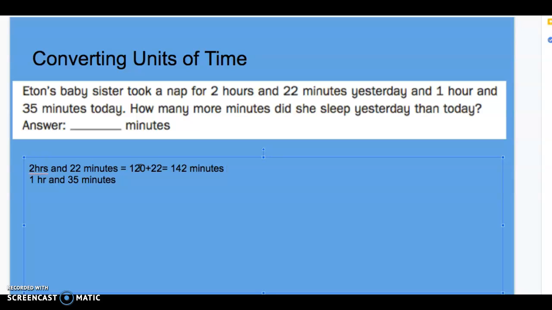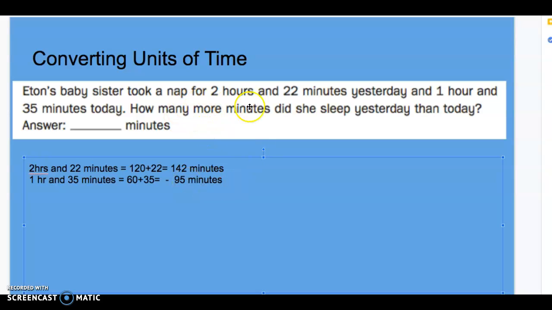So I know that yesterday the nap was 142 minutes. Today's nap would be 60 minutes plus 35 minutes. Putting that together, I know that would be 95 minutes. So in total, I have 142 minutes yesterday and 95 minutes today.